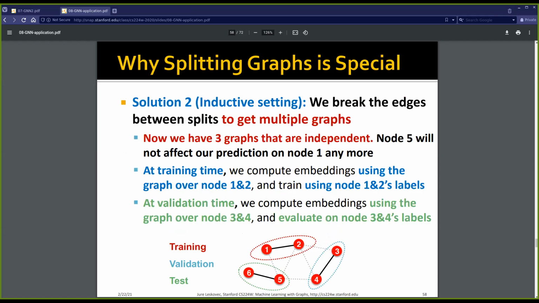In the inductive setting, after we choose the training, validation and test nodes, we drop all edges between those sets. So there's no leakage between those subgraphs. And in the end, we get multiple graphs.